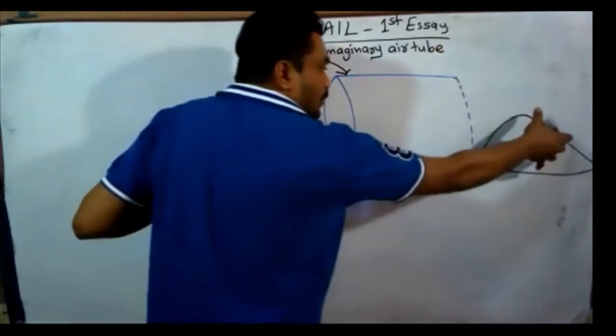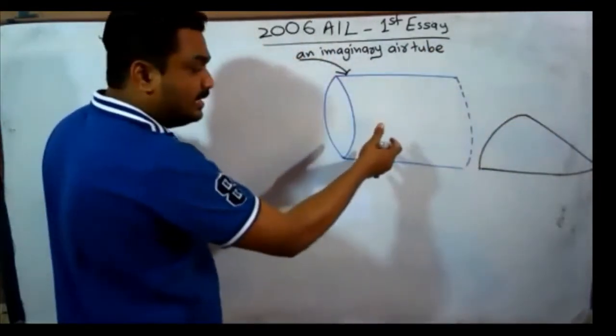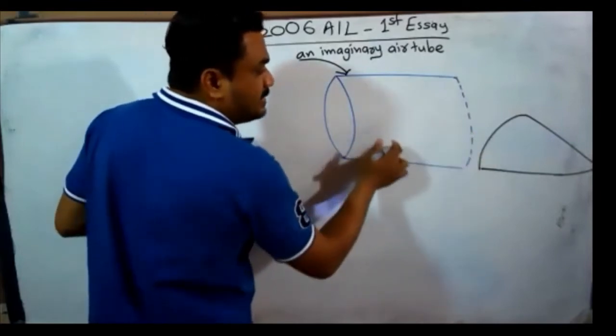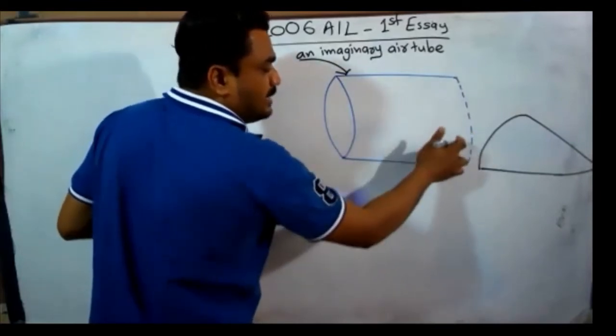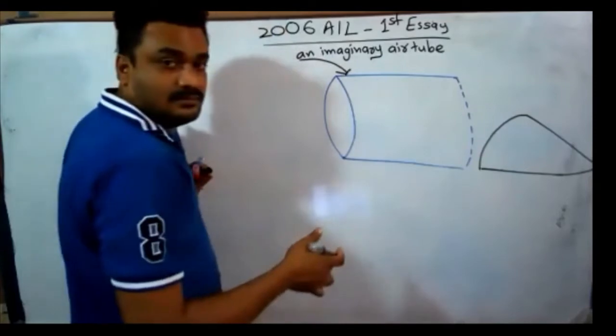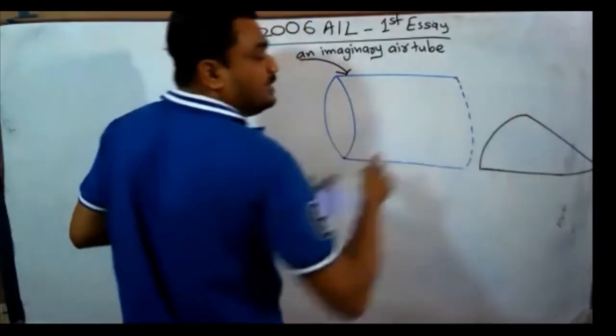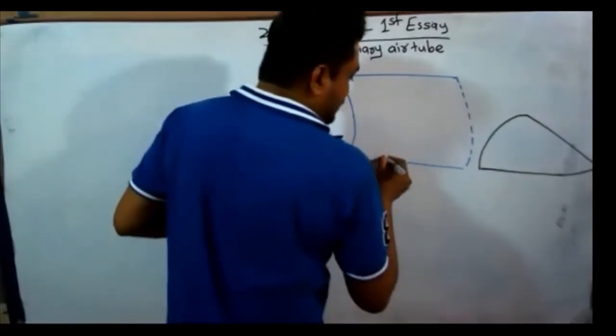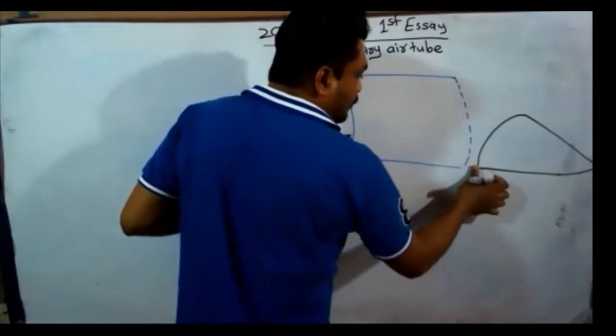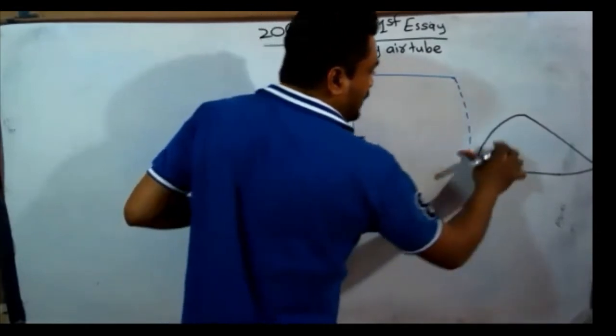Right? So when the aeroplane enters the imaginary air tube, the air particles here collide with the wing, and the air tube will be bent. It will be bent like this.